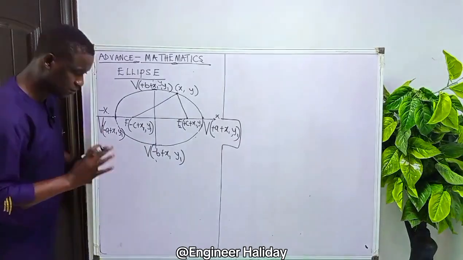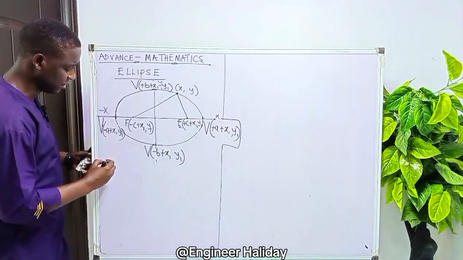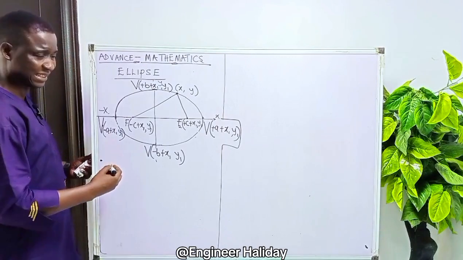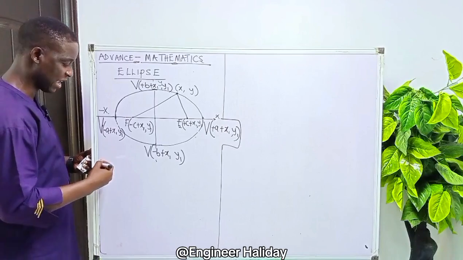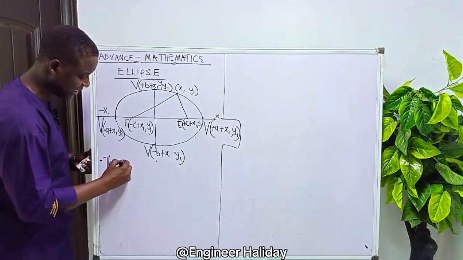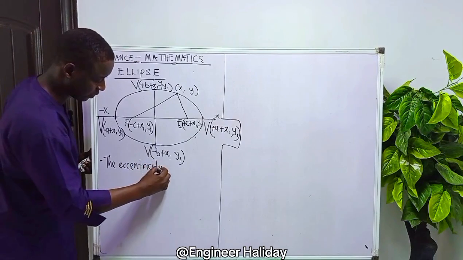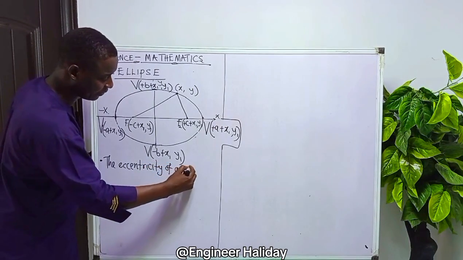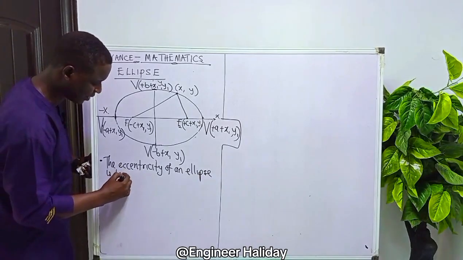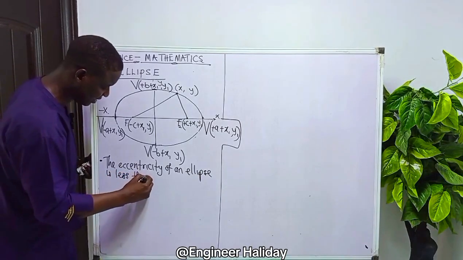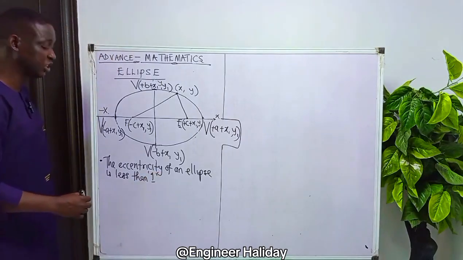Number one thing I want to explain first is that an ellipse is a conic section with an eccentricity less than 1. The eccentricity of an ellipse is less than 1. What is the meaning of eccentricity?